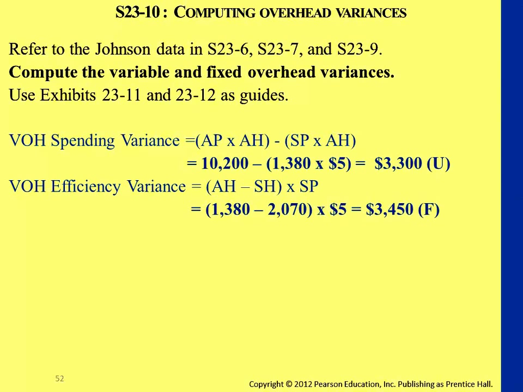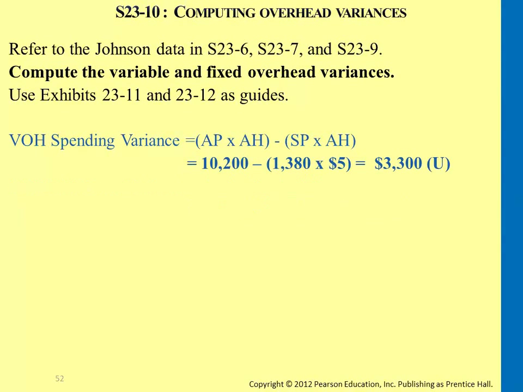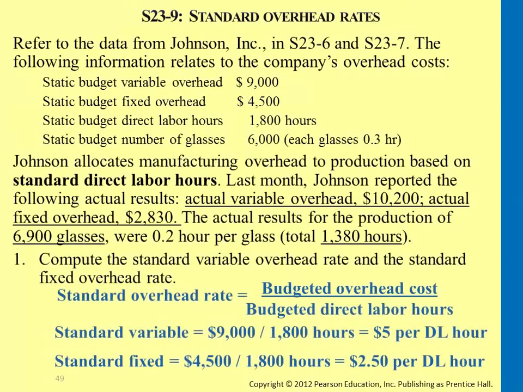Okay, the following two would be fixed cost differences. So fixed cost, remember we break that down to spending and to volume variances. Spending variances should be the easier one. It's basically the actual cost that you spent, which is actual fixed overhead, 2,830. That's the money that you actually spent.